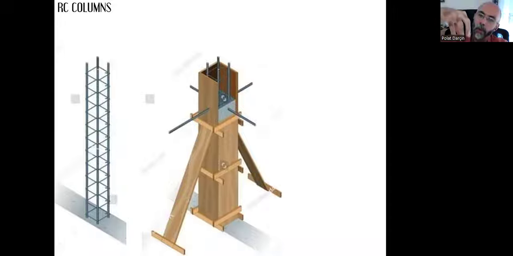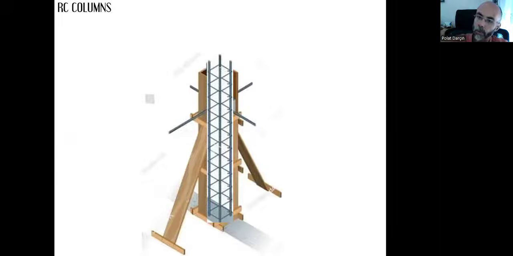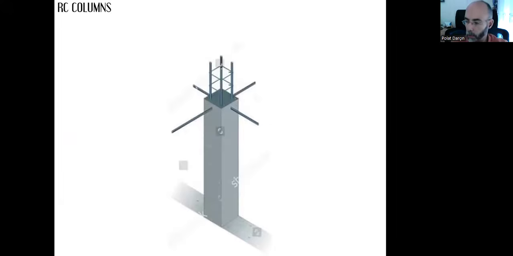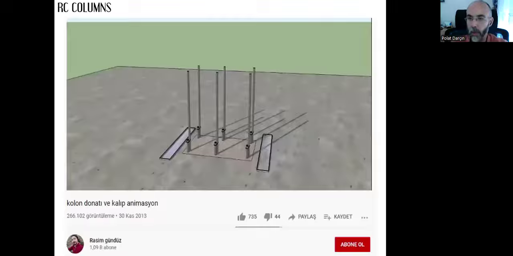First, we do this reinforcement, and then it's surrounded with molds. And then we pour the concrete from the top, and we vibrate the whole concrete so that it reaches all the gaps towards the bottom, and everything everywhere will be filled with concrete.